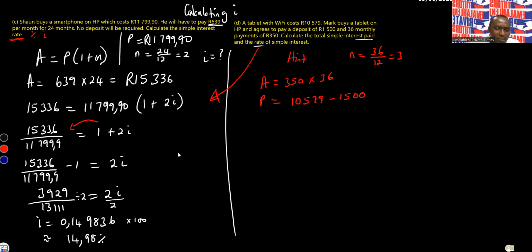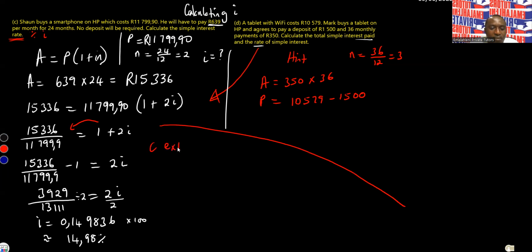Now, if you are asked the amount of interest that was paid, so interest paid, as in C extended, will be equal to A minus P. So in this case, what is our A?